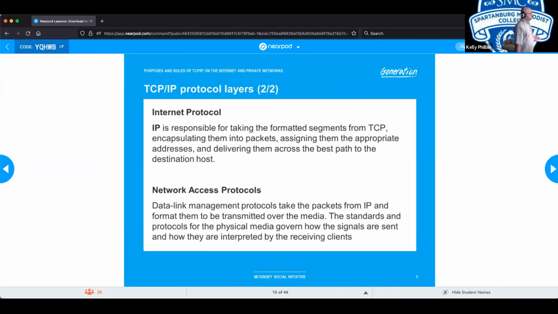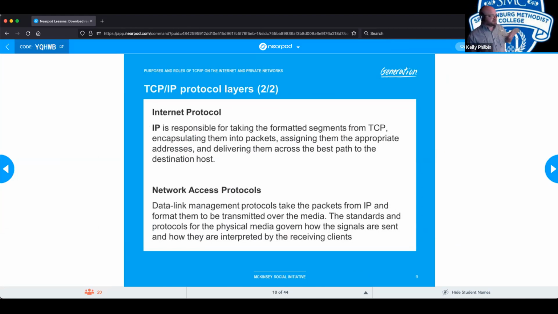All right. Internet Protocol is responsible for taking the formatted segments of the TCP, encapsulating them into packets, assigning them the appropriate address, and delivering them across the best path to the destination host. Then we have network access protocols. These are data link management protocols.